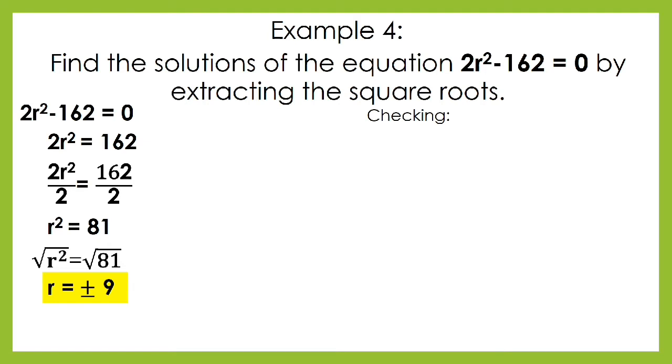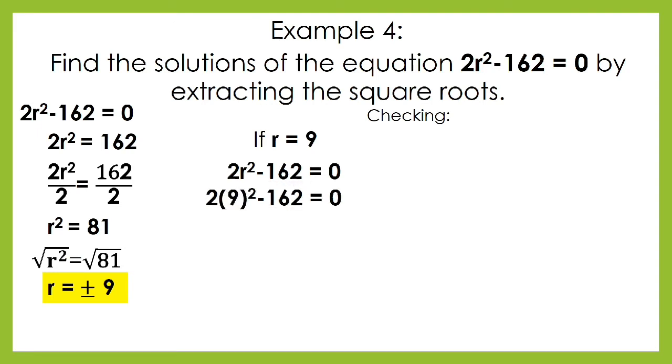Let's do the checking. If r equals 9, we substitute 9 to the original equation, 2r squared minus 162 equals 0. We now have 2 times 9 squared minus 162 equals 0.